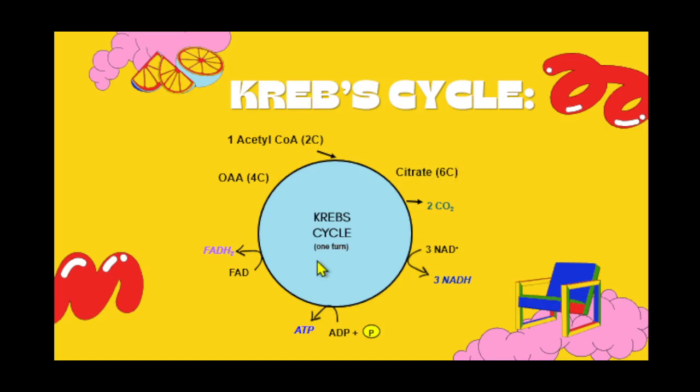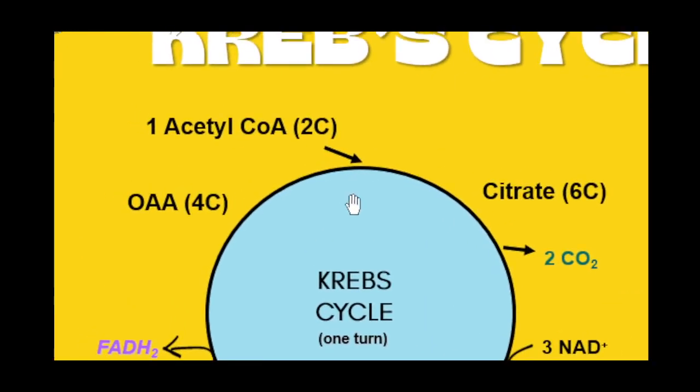This is 1 turn of the Krebs cycle. Let's zoom in a little bit. You see we have our acetyl-CoA here, and only 1 molecule enters the cycle. Remember, acetyl-CoA has 2 carbons, and it will bond with oxaloacetic acid that has 4 carbons.